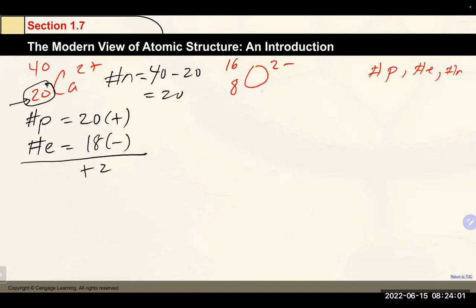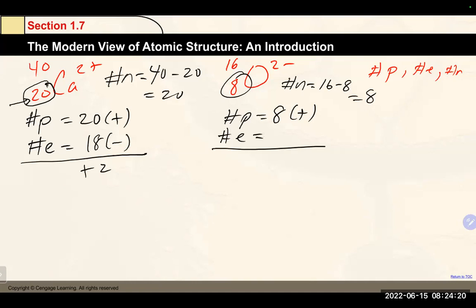Coming over here, our number of protons would be 8, which is our atomic number. Our neutrons here would be 16 minus 8. It's also 8. Look, I picked all the same numbers. That's good. And in this case, our number of electrons, which is what should change.